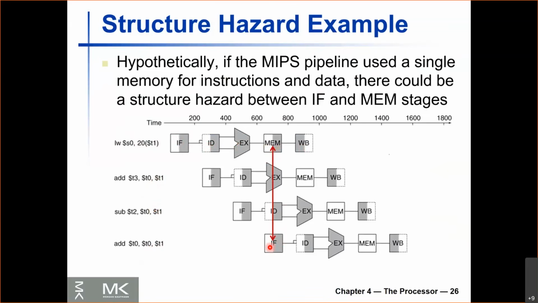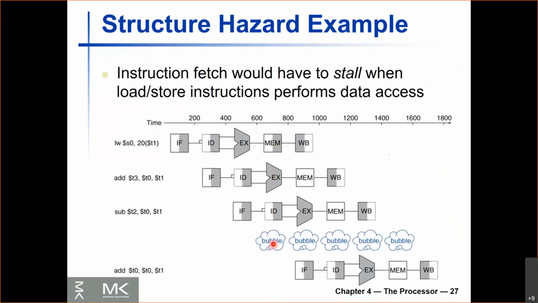Because when I come to do instruction fetch for the add instruction, I realize, oh, the load instruction is using the memory to load the data, so I can't use the memory to fetch the instruction. So what I would need to do is stall, so that the load is using the memory, and then on the next cycle the memory is not being used because the add instruction doesn't use the memory.